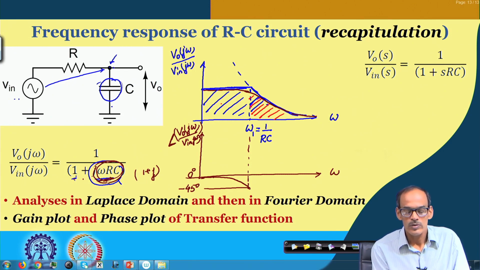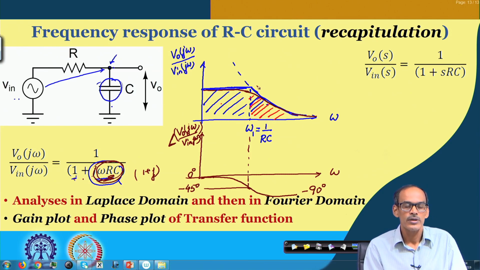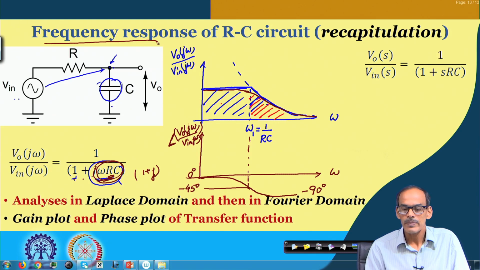And if you go to higher frequency beyond this omega 1, this part will be dominating, and as a result we will be going towards minus 90 degree. So, this phase plot and this gain plot give the total frequency response of this RC circuit.